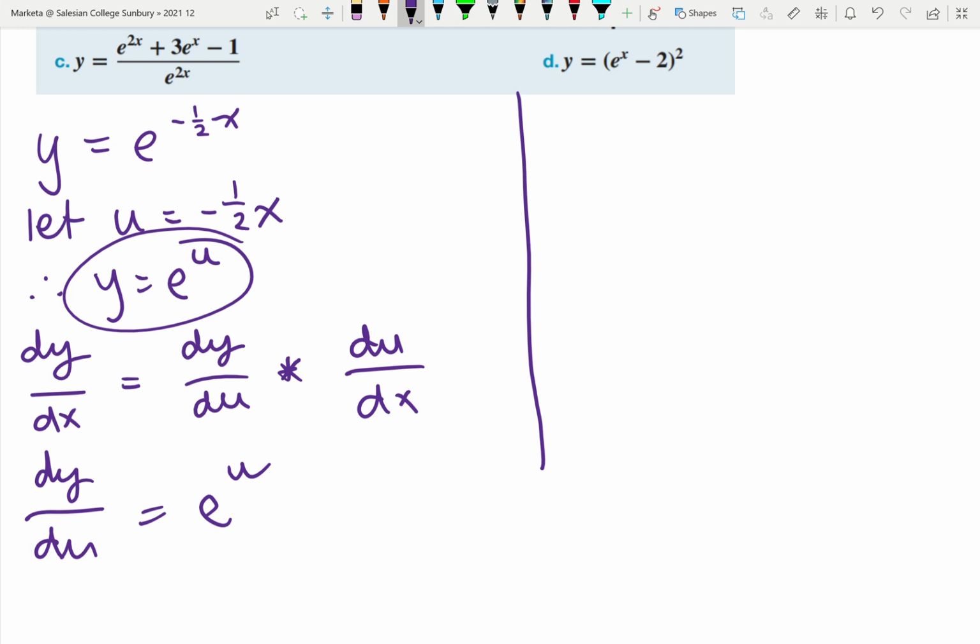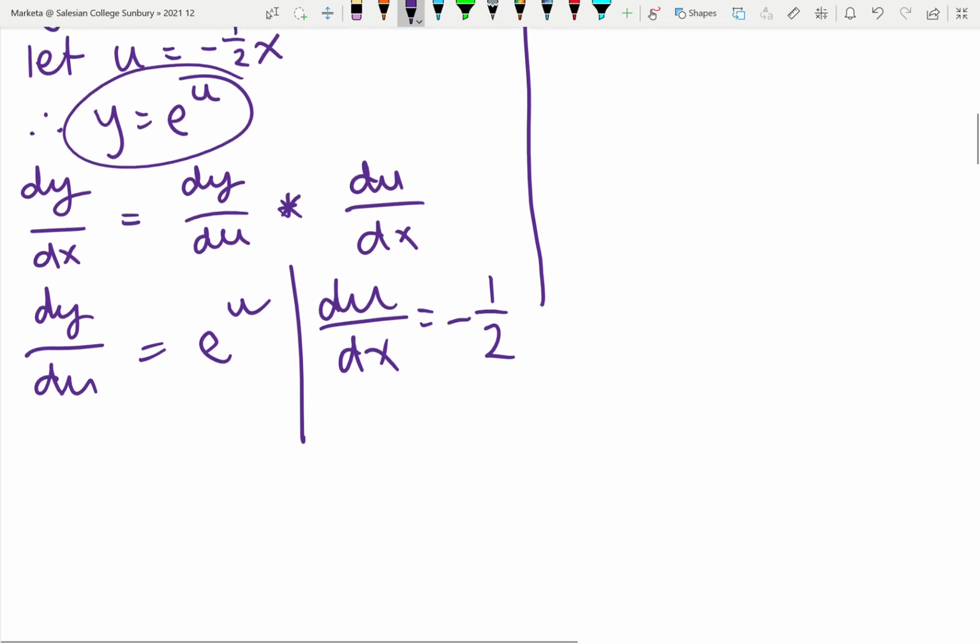So that's going to be e to the u. There's dy over du. Now we have du over dx. So that's the derivative of u with respect to x. We expect to see u on the left and x on the right. So that's going to be negative half, because 1 times negative half is negative half, x to the power of 0 is 1, so we end up with negative half.